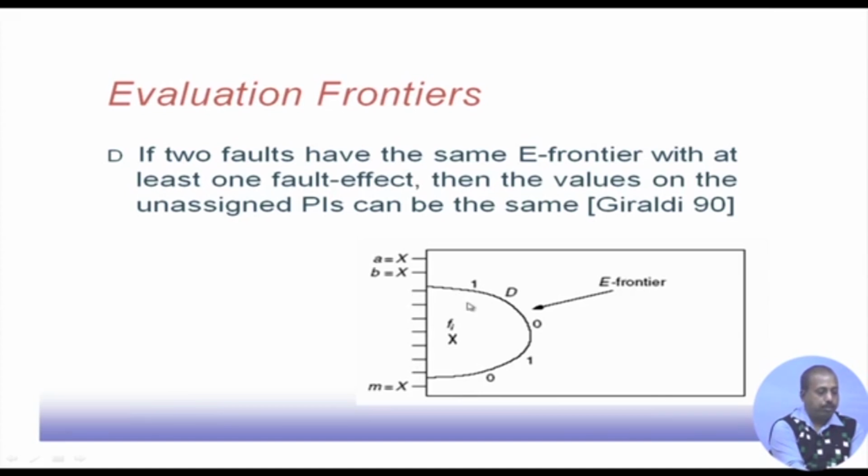Now, this D has to be forwarded to some primary output, because of the fault effect. Similarly, these 1s and 0s have to be justified.